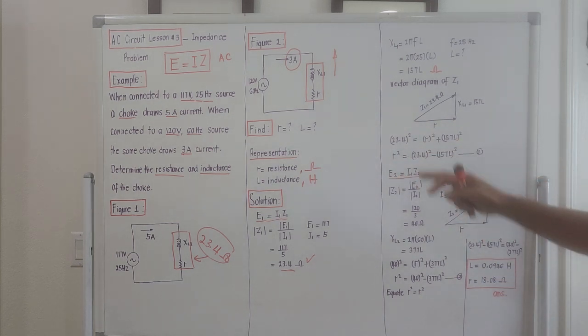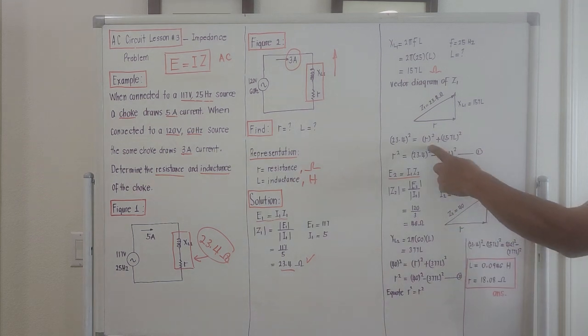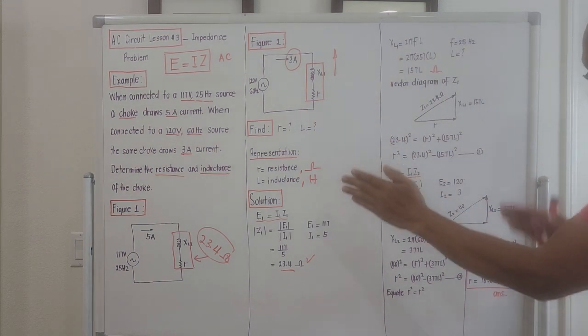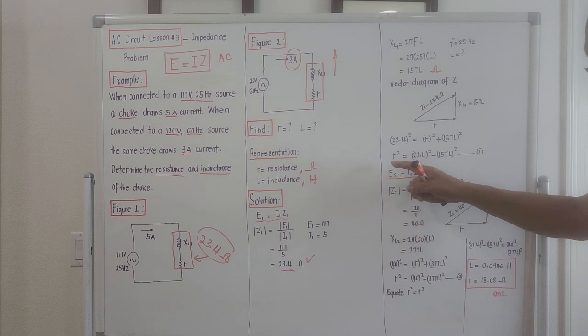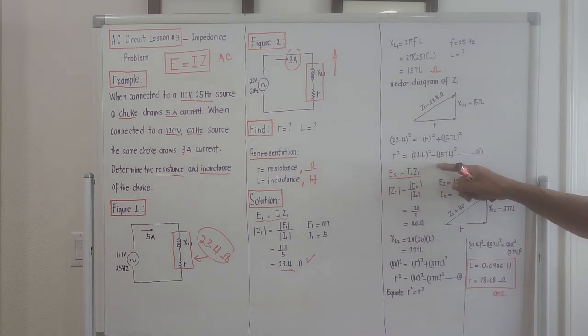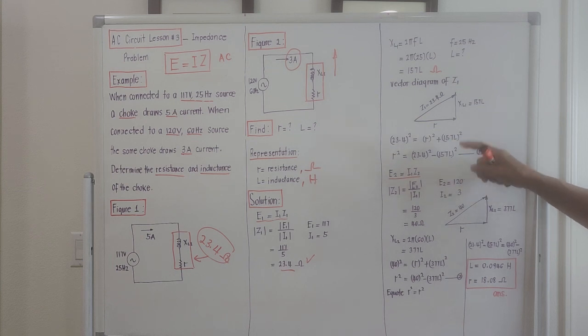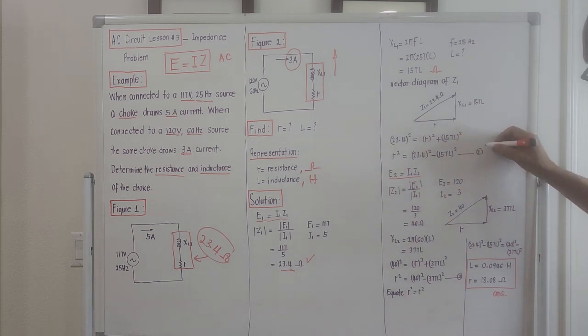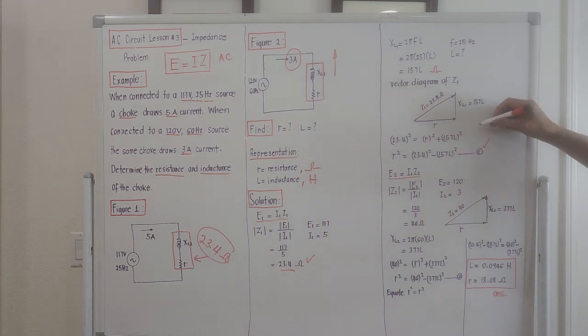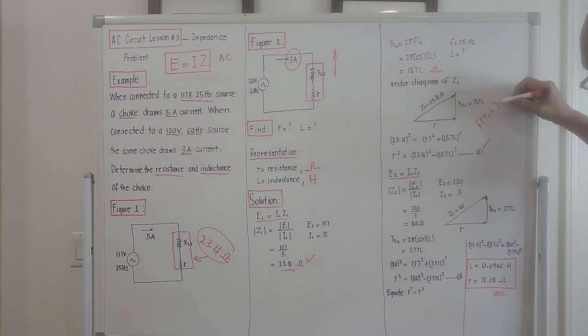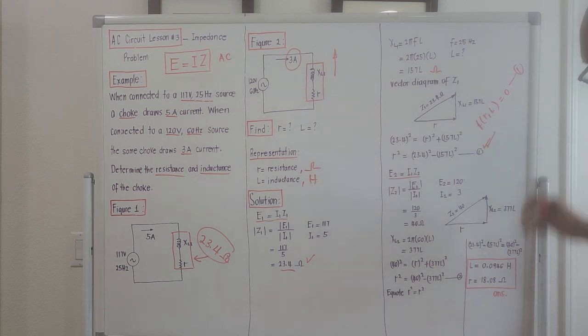Computing for r squared. Okay, we will transpose this to the left when we rearrange. R squared will be 23.4 squared minus 157L quantity squared. We call this equation number 1. So for equation number 1, we are now given actually a function that involves r and L. We call that equation number 1, this one.